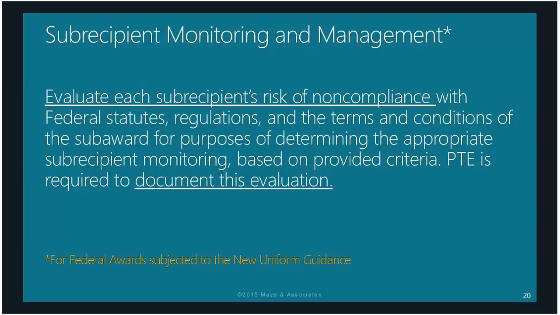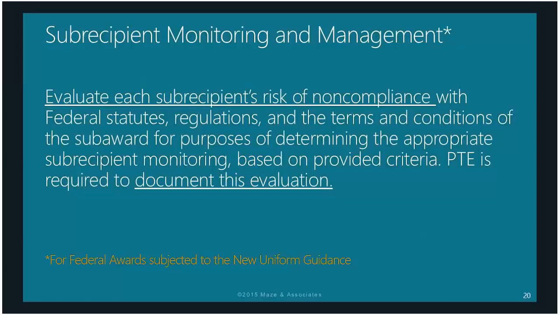So what the big change is that each pass-through entity, or PTE, should evaluate each subrecipient's risk of non-compliance and document this as such. And this is done yearly and for each subrecipient's risk of non-compliance.